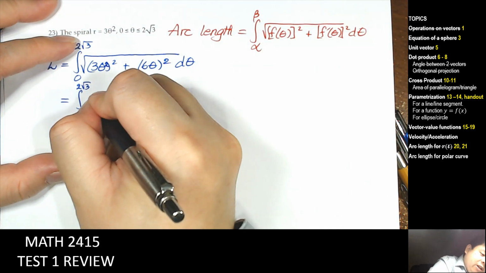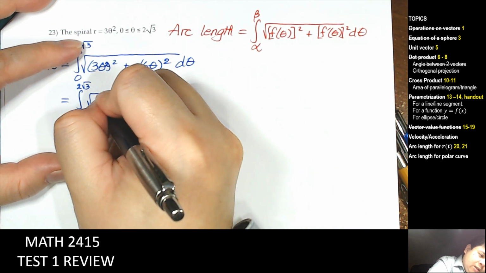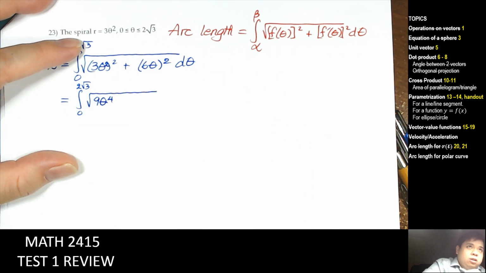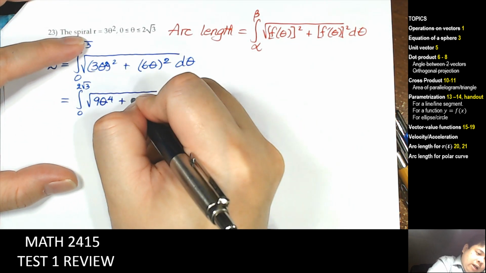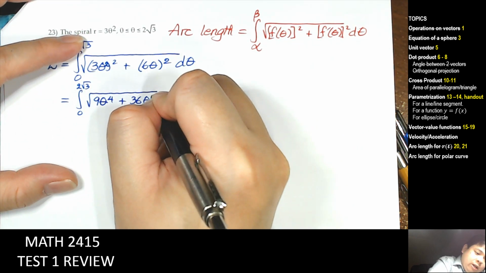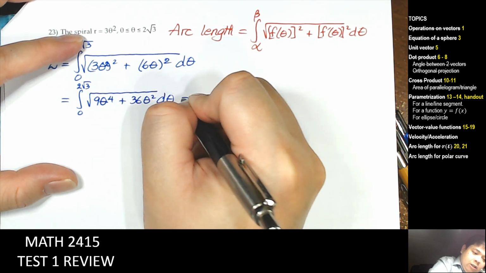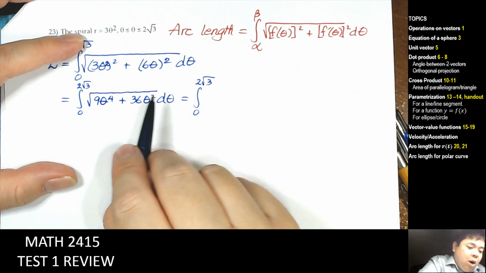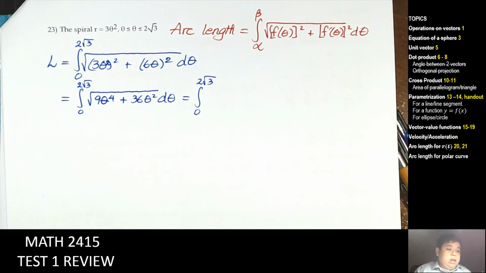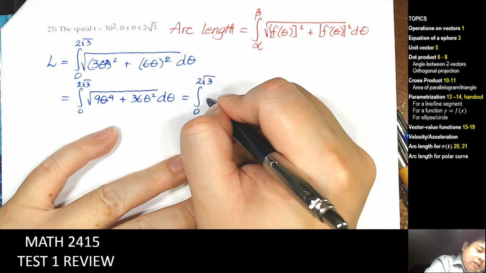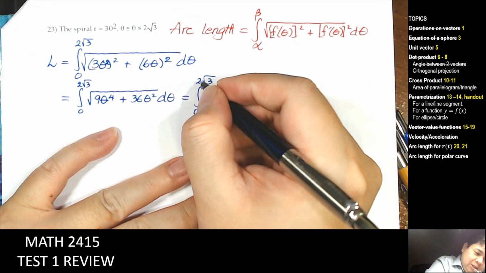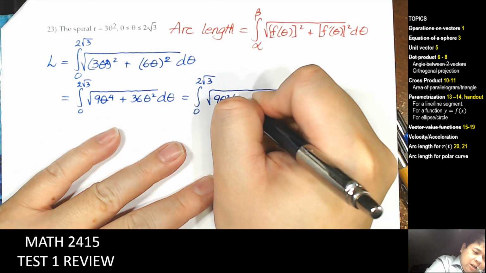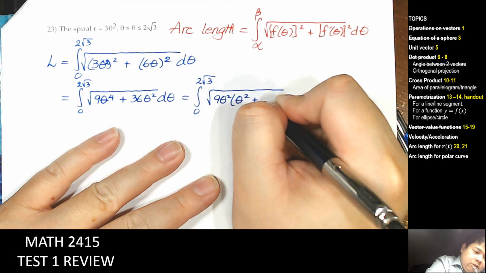That would be 9 theta to the 4th power and 36 theta square. Both of them, I can factor out 3 theta square from it. I mean 9 theta square, and then theta square plus 4.